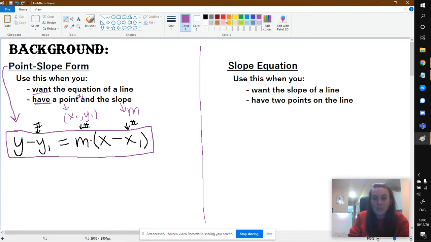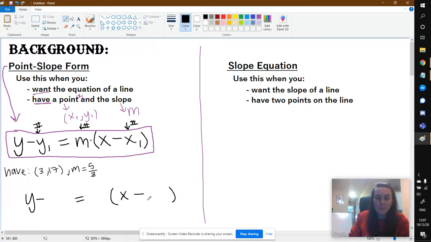I'm going to do a quick example so we can see what I mean when I say that. So if you are given that the point (3, 17) is on a line and that your slope is 5/3, we can plug this into our equation. Our equation, again, is y minus a number equals m times x minus some other number.